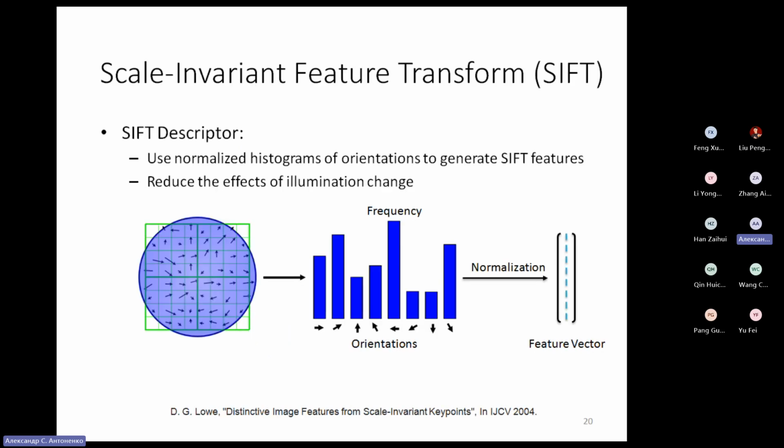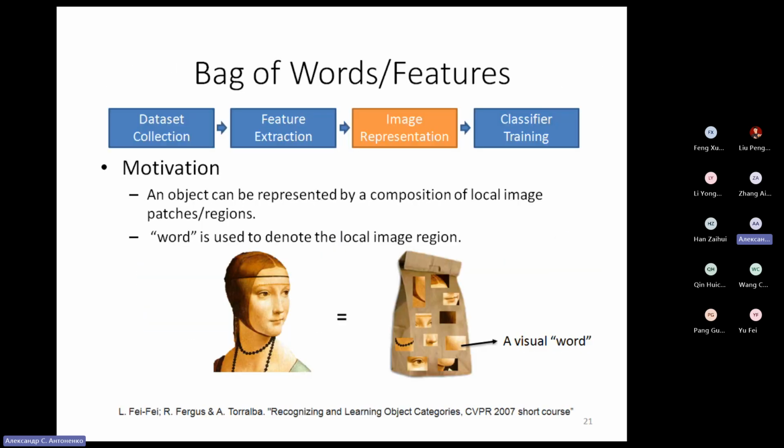So we understand how to represent a single feature, but how do we represent the whole image? We can use a concept called bag of words. Bag of words is taken from text classification. When we have a text, for each word we need to remember how often it is present in the text, the percentage of its repetition.